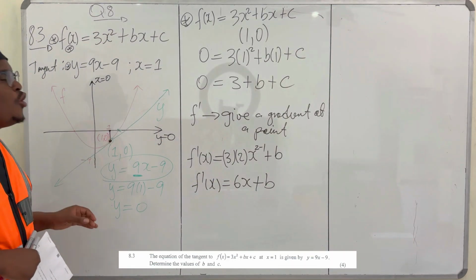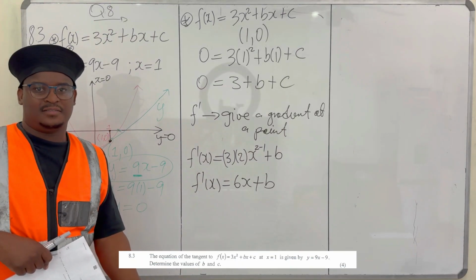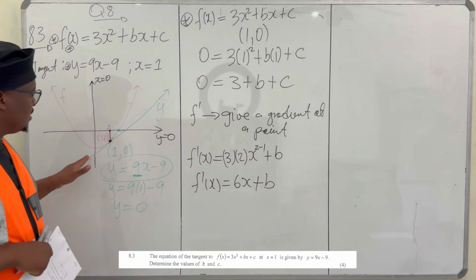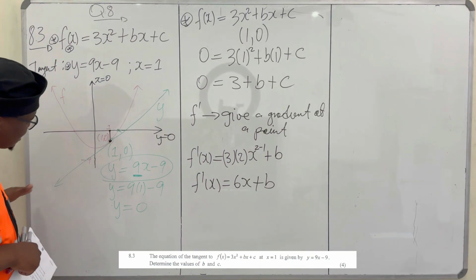This line here connects points where the gradient between them is equal to 9. So at this point, the gradient is equal to 9 on the green function, the straight line.